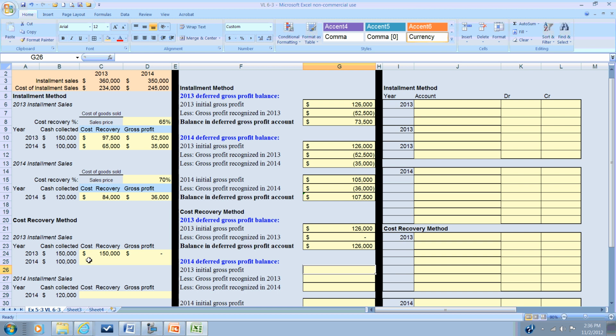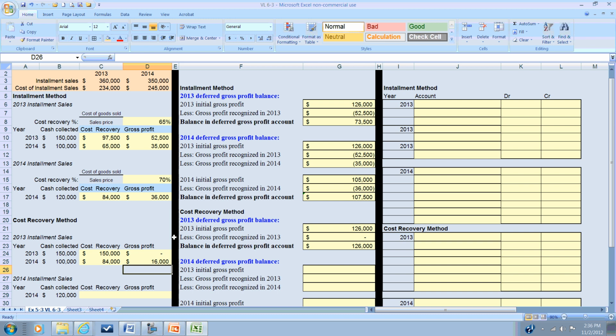In 2014, we recover an additional 100,000. So the amount of cost that we will recover is our cost of sales minus our prior recovery, or 84,000, and then the gross profit for the period is the collection minus the cost recovery.